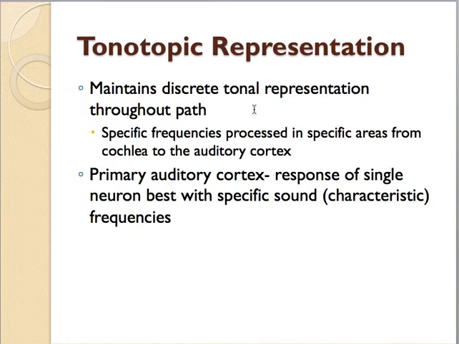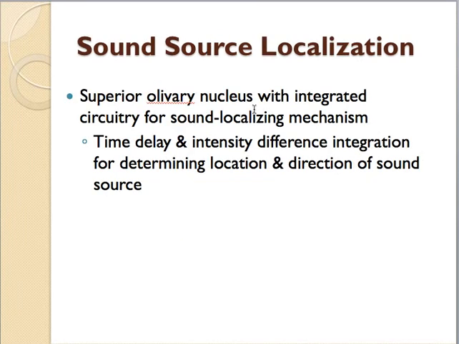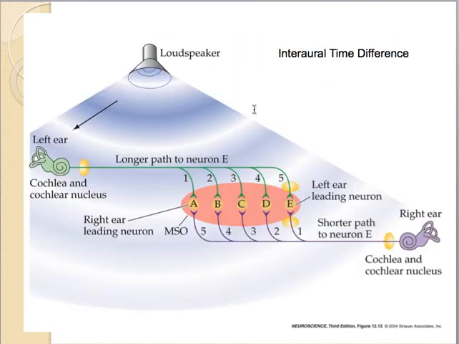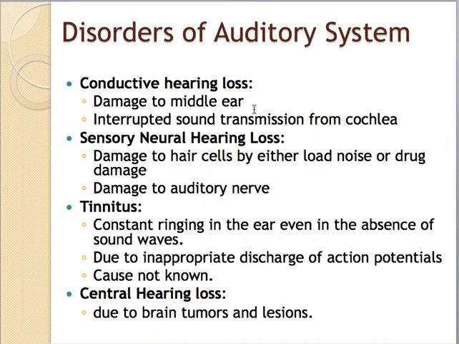Next, I want you to turn to slide 47. Here, I want you to be familiar with the types of damage depending on where the damage is occurring. For a conductive hearing loss, you're going to have damage to the middle ear, an interruption of sound transmission.